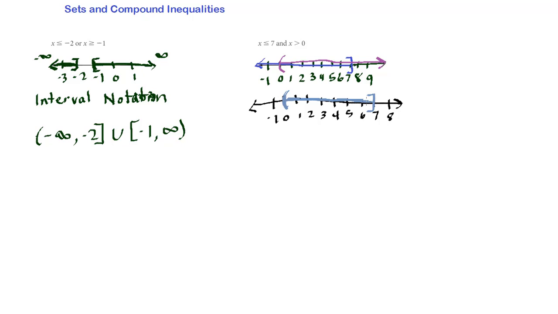But both of them are shaded here. So this is what would be the solution for my answers have to satisfy both x is less than or equal to 7, and they also have to be greater than 0. So the answers to whatever problem it is that I just worked have to be within this area here. And that's what that means.